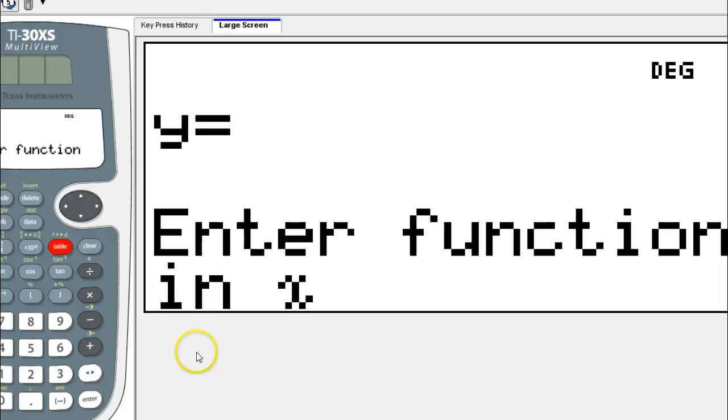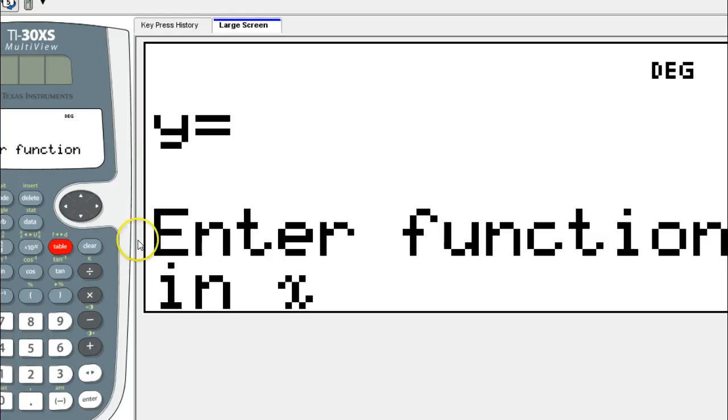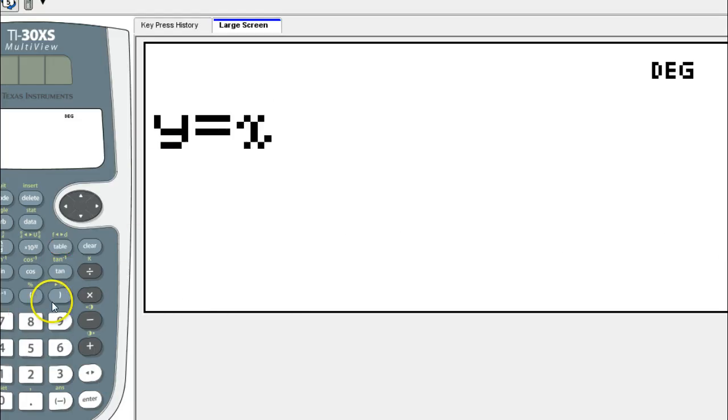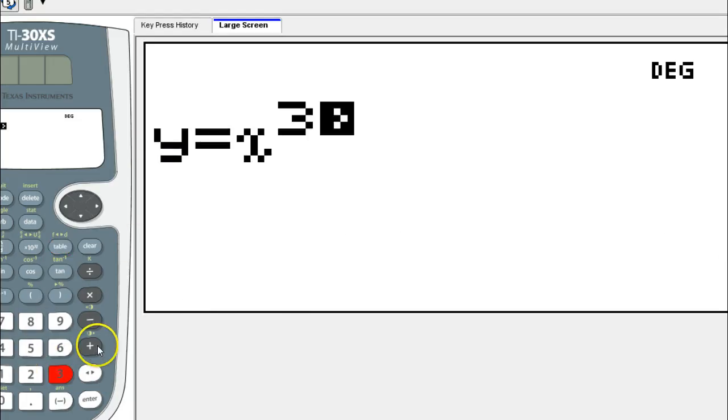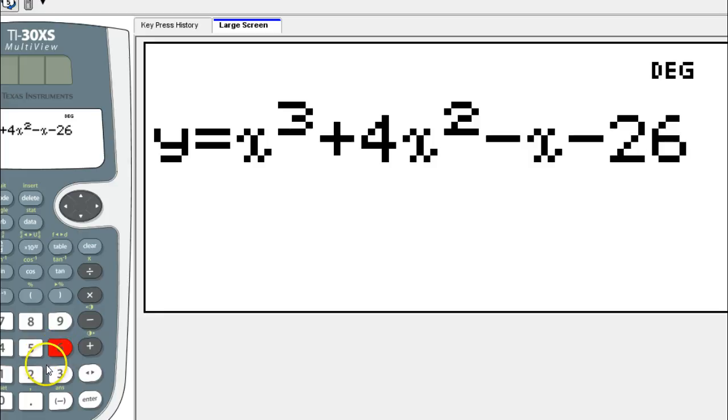I'm going to go to my table function and type this in. So I have x to the third power plus 4x squared minus x minus 26.